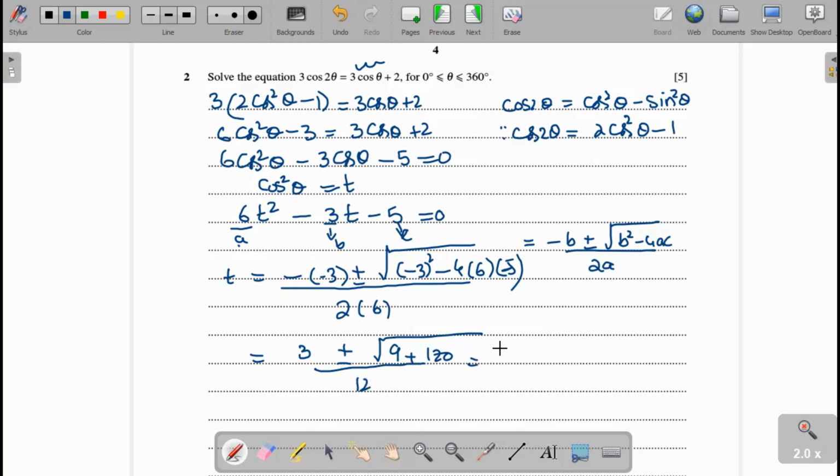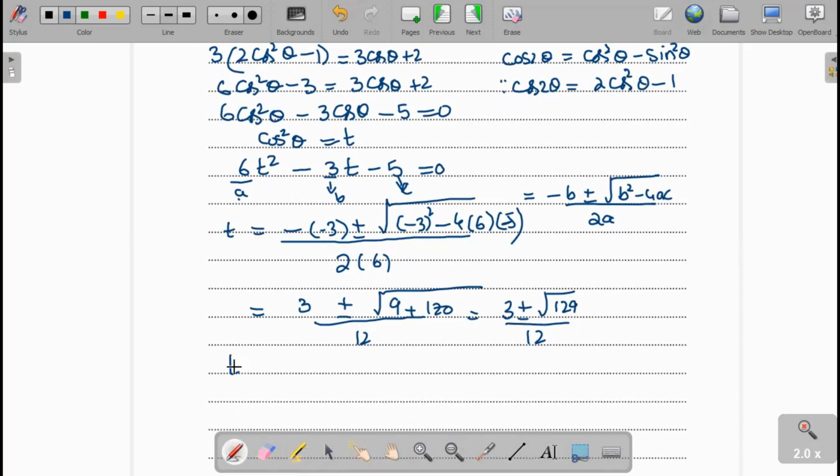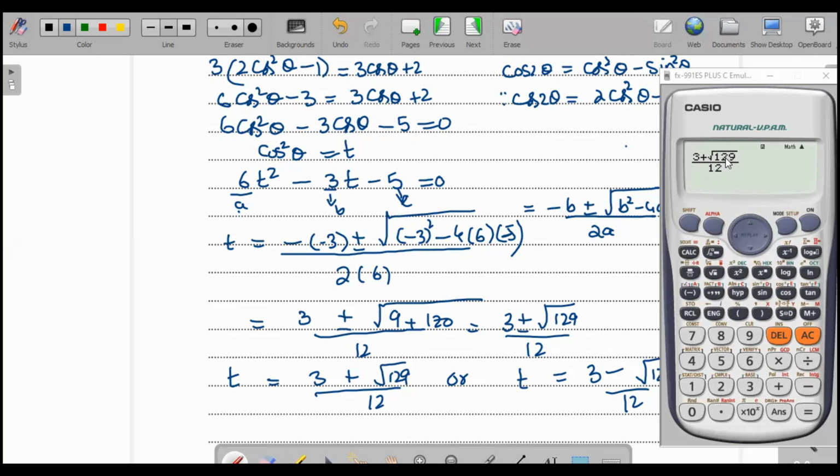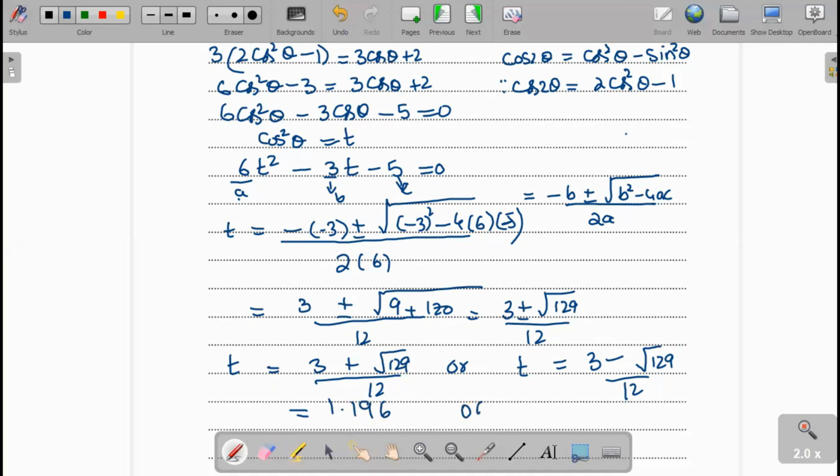And that is equal to 3 plus minus square root of 129 over 12. t will be equal to 3 plus square root of 129 over 12, or t equal to 3 minus square root of 129 over 12. Now 3 plus square root of 129 over 12, and that is equal to 1.196.